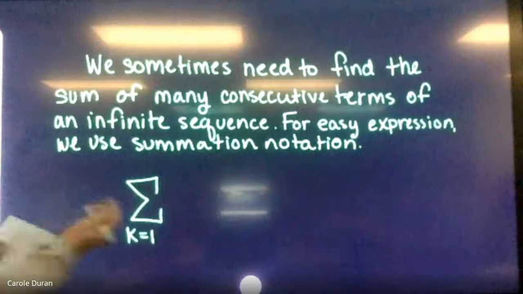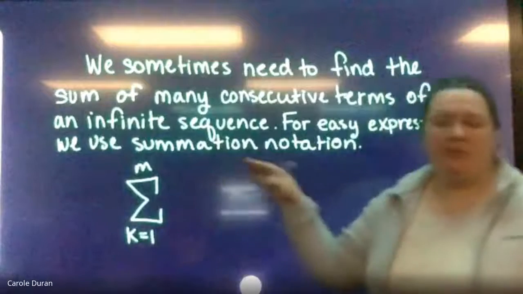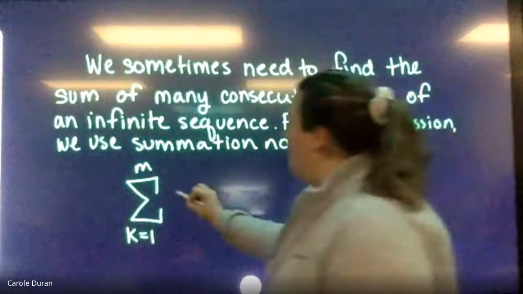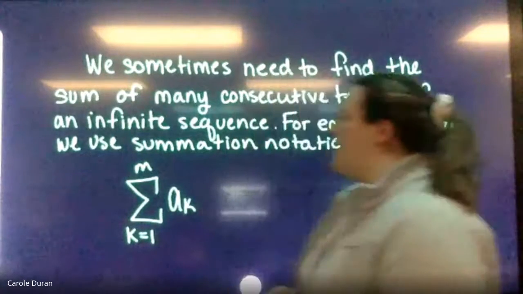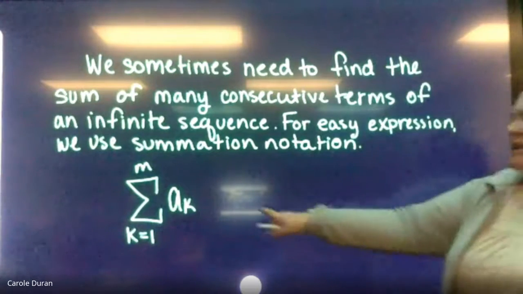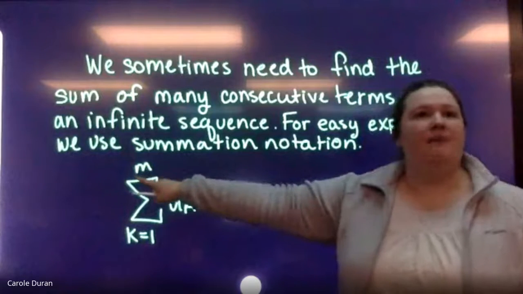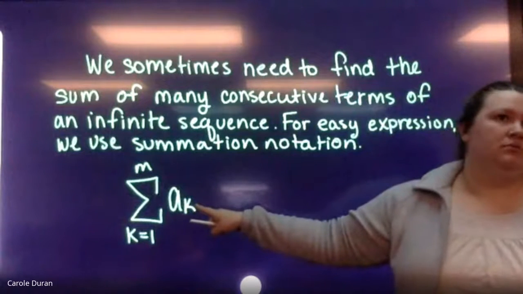You're not wrong. Typically written as k equals 1 to m, with k equals 1 on the bottom and m on the top of some sequence A of k. When I read the summation notation, this tells me that I'm taking the sum of terms 1 through m following this rule.